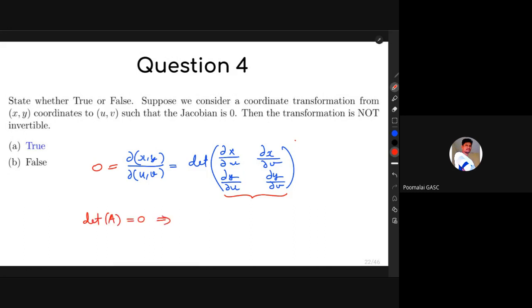That implies that A is not invertible. So hence this statement is true.